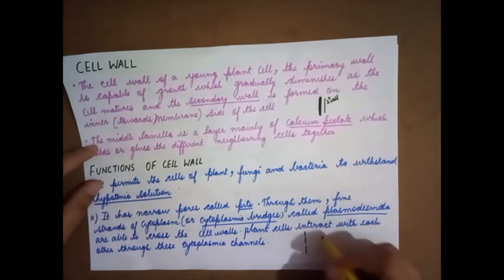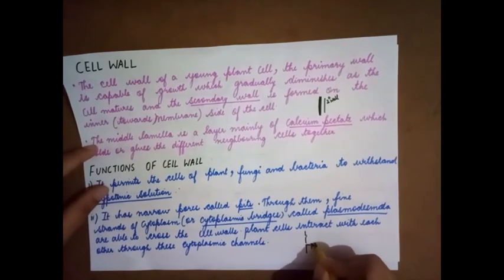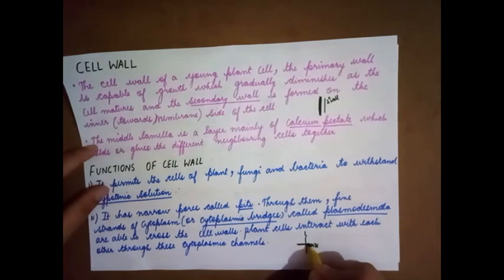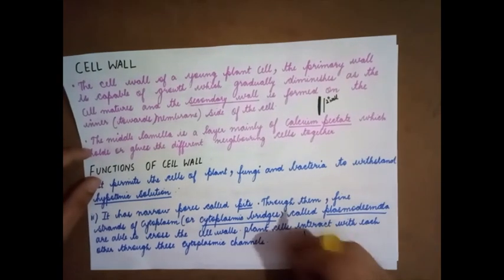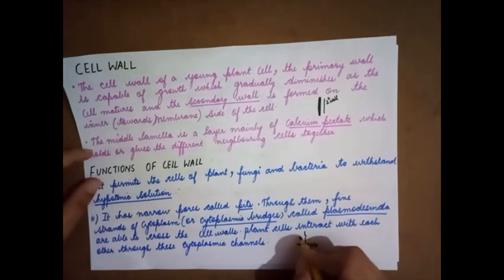Cell wall is not a complete one layer. There are certain breaks in between them. It means there is no cell wall deposition seen. So, these regions are known as pits. Now, through these pits, we can see the cytoplasmic strands pass through. Through these cytoplasmic strands, they are able to connect one cell to the other.